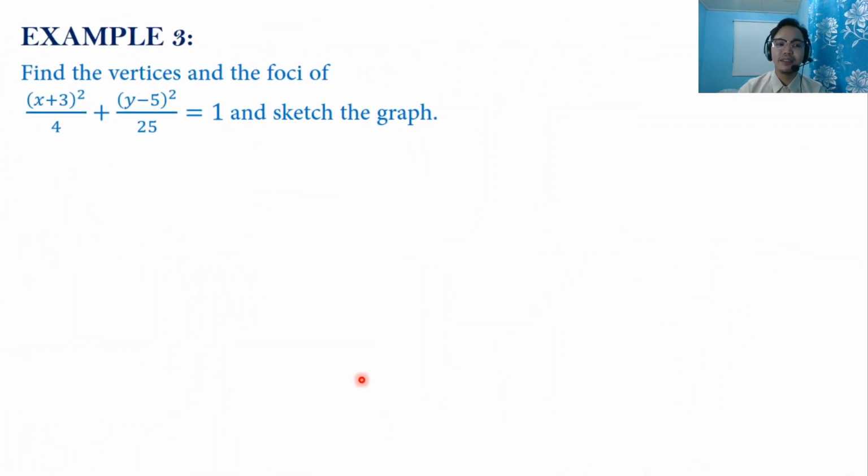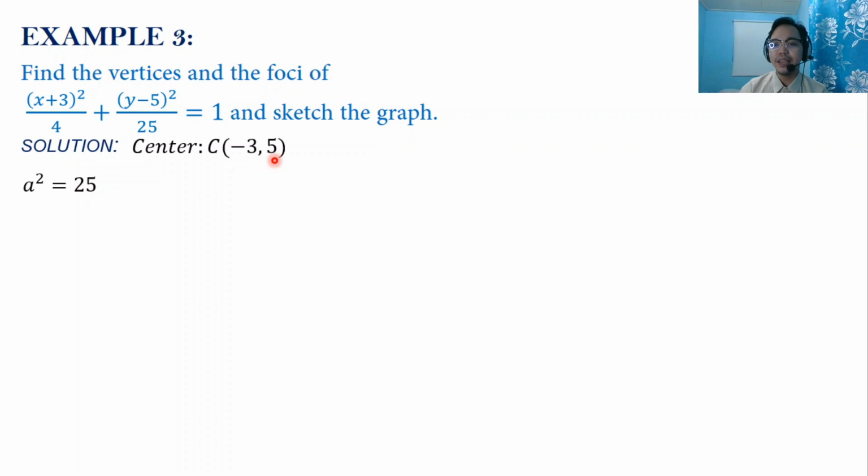Example number 3. Find the vertices and the foci of quantity x plus 3 squared over 4 plus quantity y minus 5 squared over 25 equals 1, and sketch the graph. For our solution, the center is found at -3, 5. That is our center.